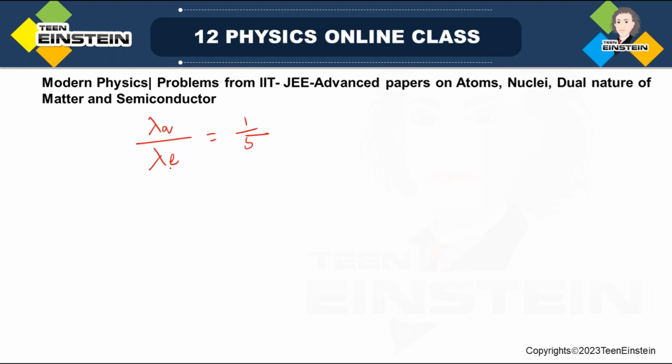Okay, so this side, as we had written this E, suppose some value n, or in general E, let us write E. So we know that it is RCZ square times 1 over n f square minus 1 over n i square.